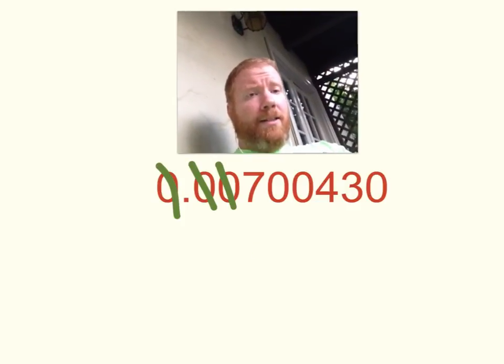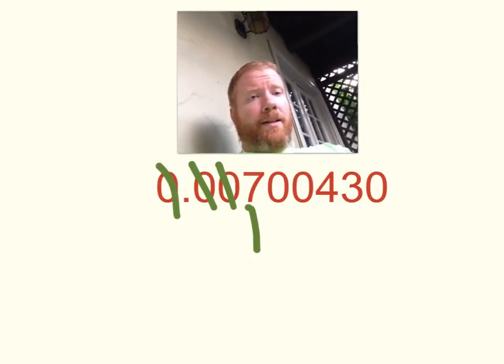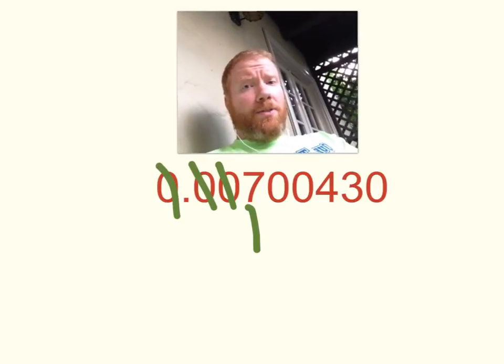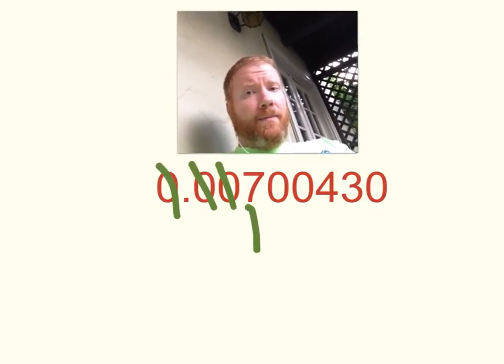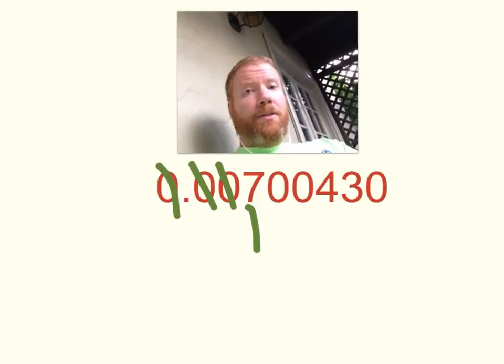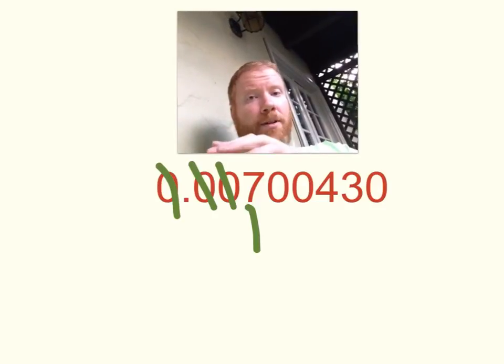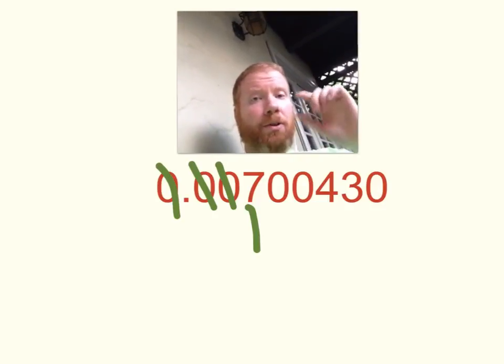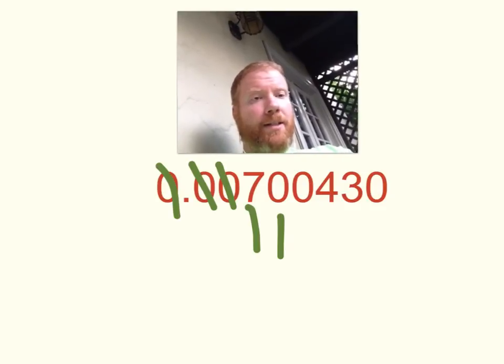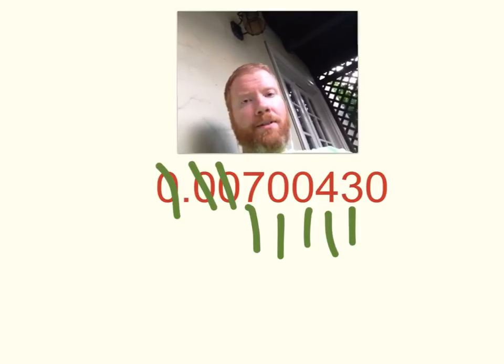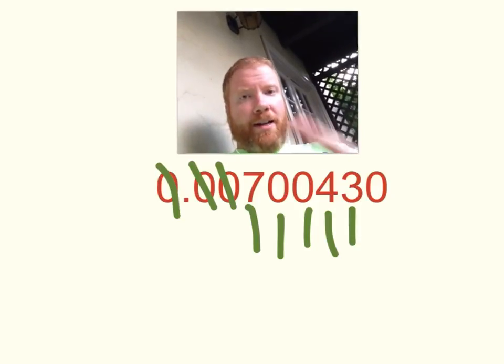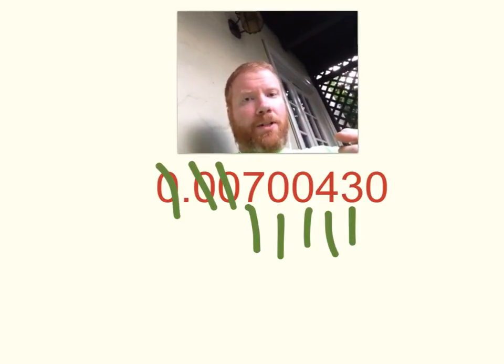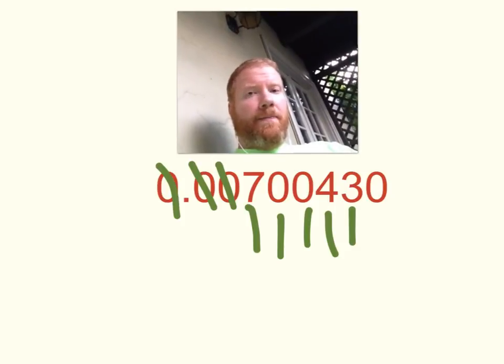So the 7 is significant because it's not a 0. Now look at these two zeros here. What kind of zeros are they? Right, they're trapped between two numbers. And so that makes them sandwich zeros. And the rule is sandwich zeros are always significant. Okay, so that's significant, that's significant. The 4 and the 3 are significant because they're not zeros. And then at the end of the number, we have a new kind of 0, the last kind, which is a trailing 0 at the end of the number.